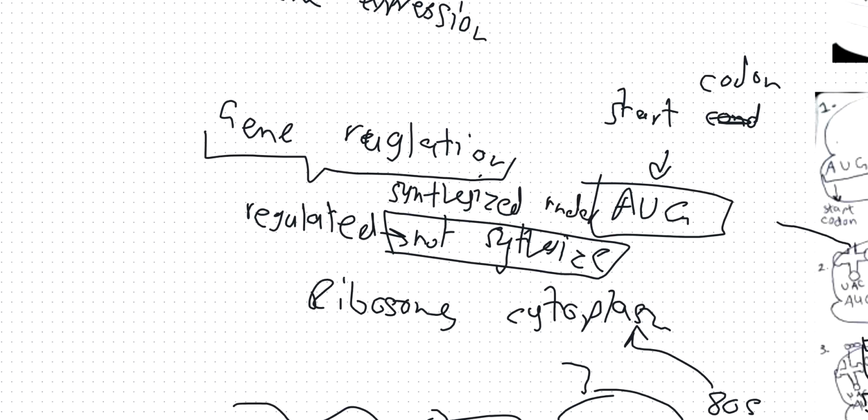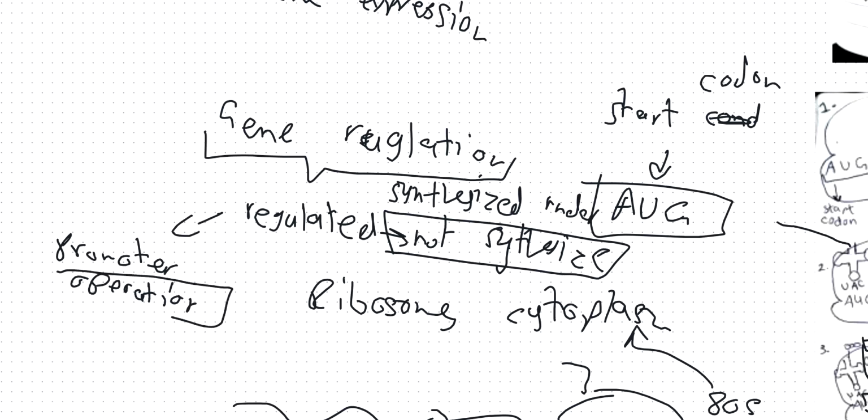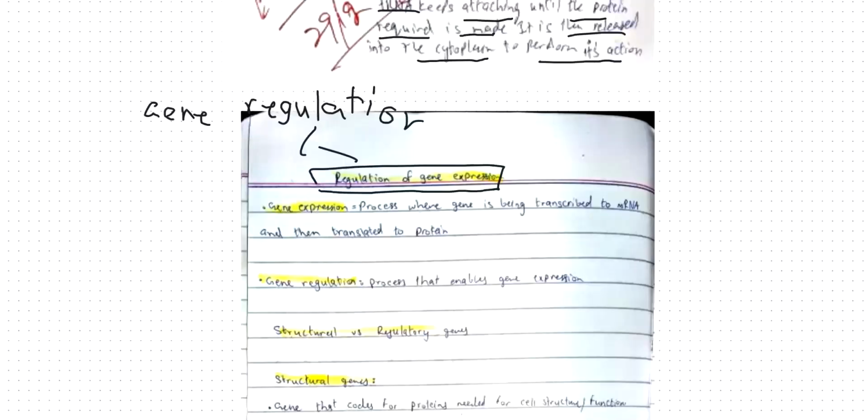So what are the types of protection present in gene regulators? You have promoters, you have operators. All of these are protections for gene regulation. Gene regulation basically happens so that you get the correct gene to be transcribed. And we'll do gene regulation in the next class. We'll do all of this in the next class.